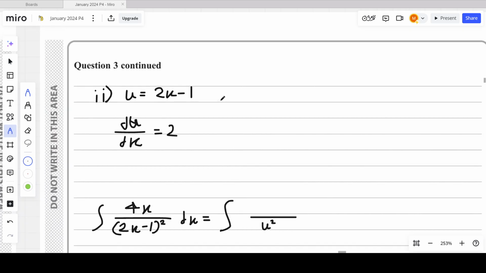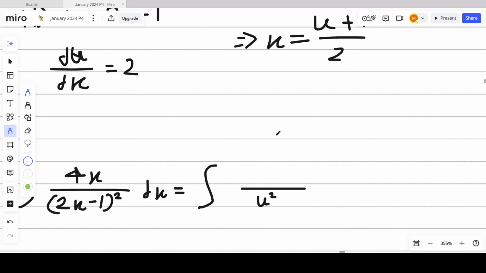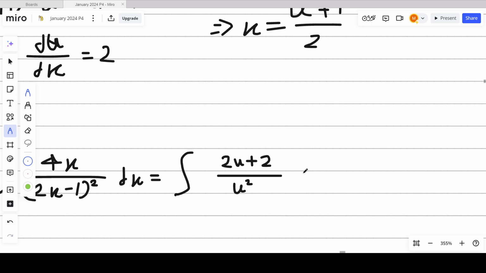So in place of x we can do a substitution. X can be written as u plus 1 over 2, right? So just put it there. So 4 times u plus 1 over 2, that would be 2u plus 2, and dx.